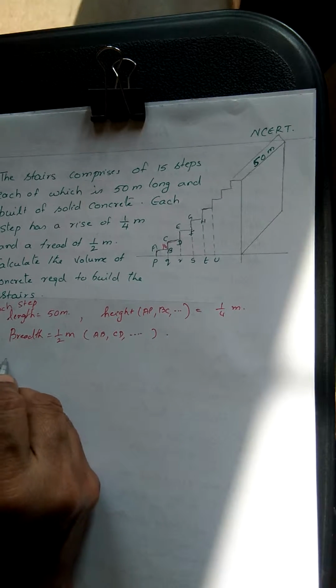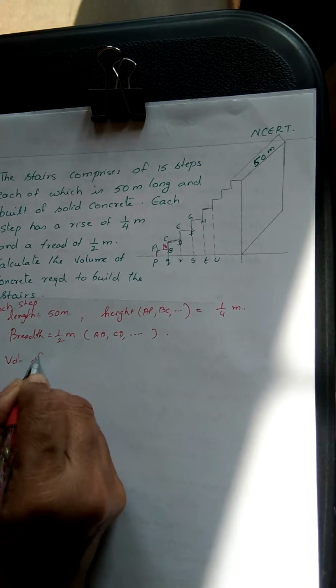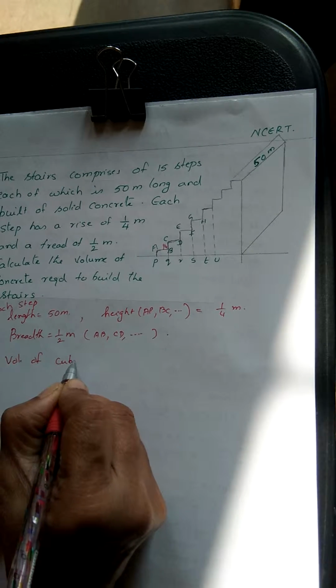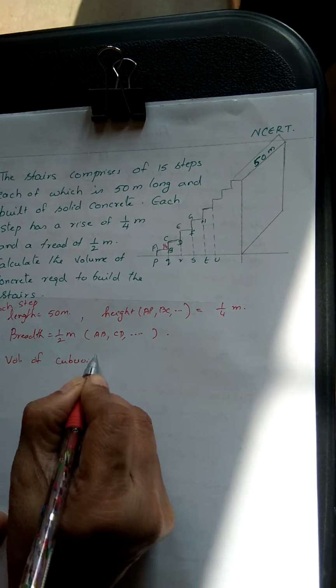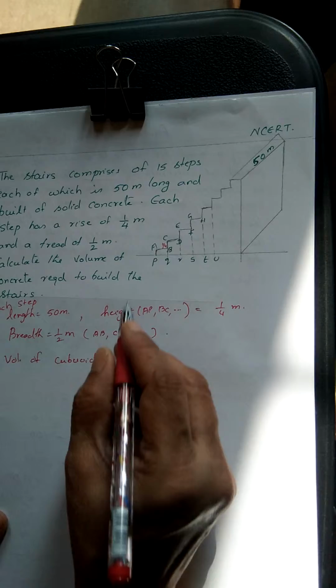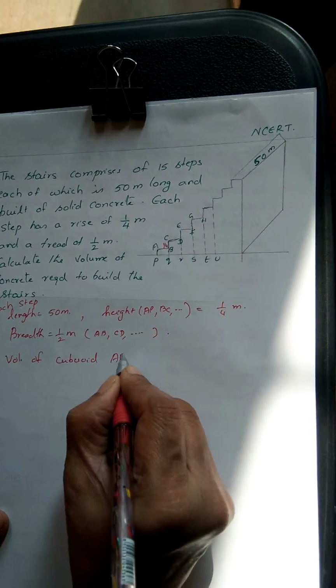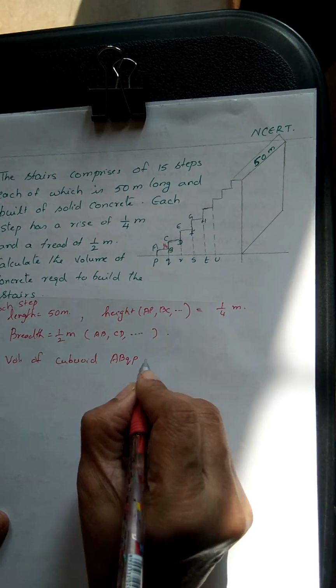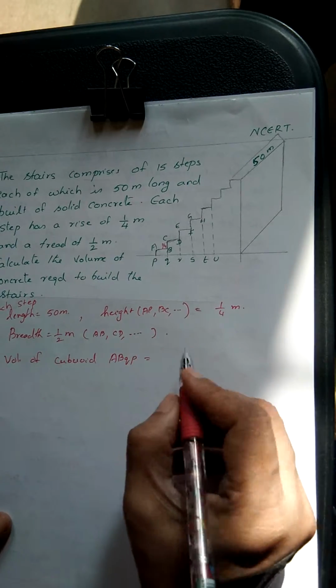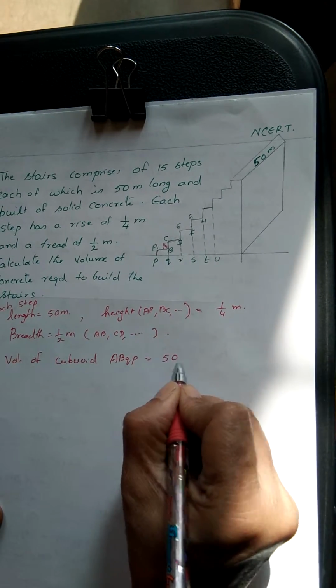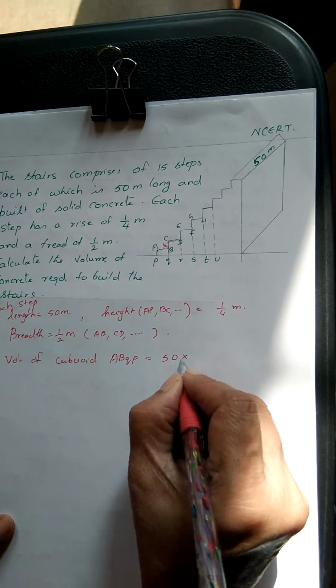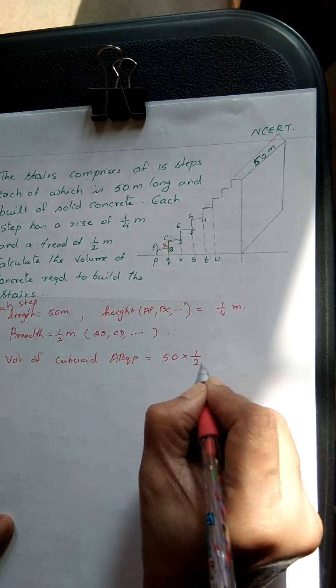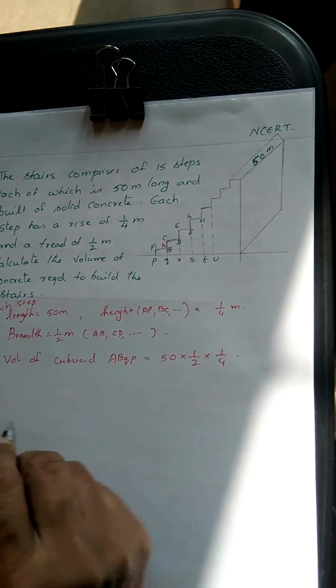So the volume of cuboid ABQP is equal to length into breadth into height. So it is 50 into 1 by 2 into 1 by 4.